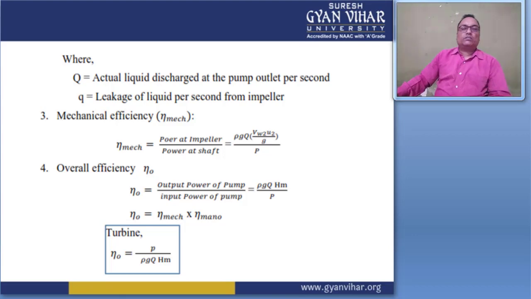For the turbine case, neta 0 equals P by the reverse of this efficiency, right?